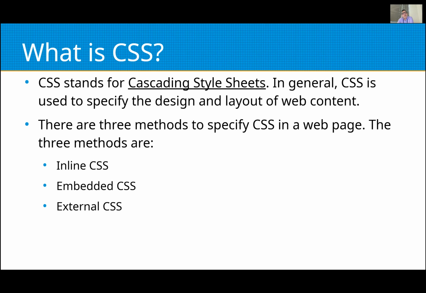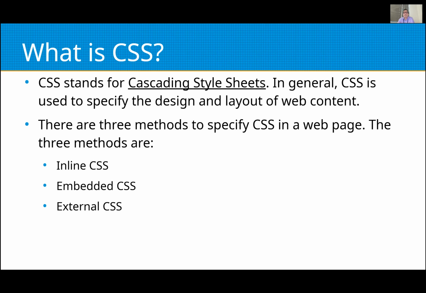So here we're going to discuss the syntax of declaring CSS in 3 methods. We will be learning about declaring CSS as the inline method, the embedded method, and the external method.